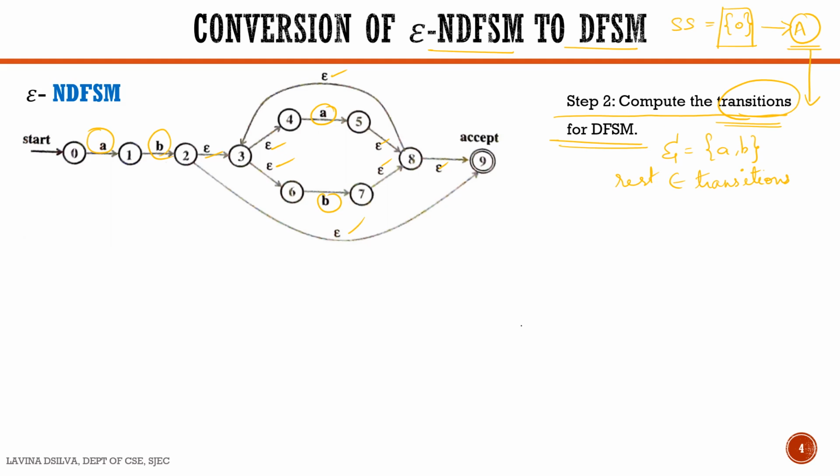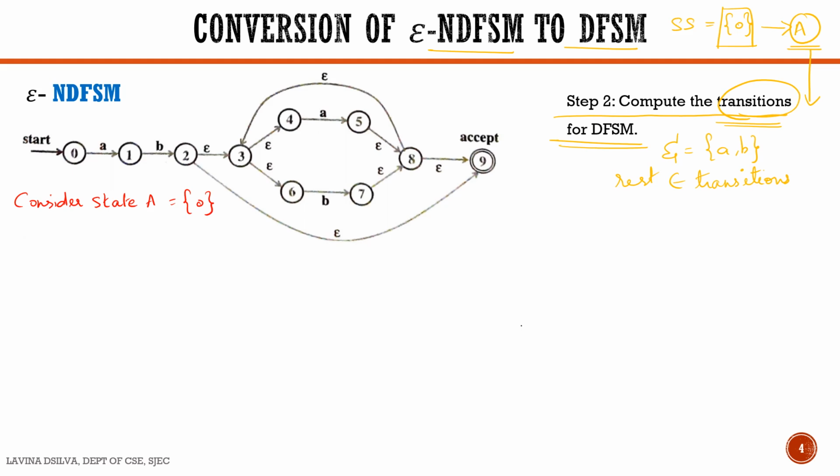Therefore, now what do we do next is, on the start state 0, we compute all the transitions. So consider state A, and we know state A is 0.